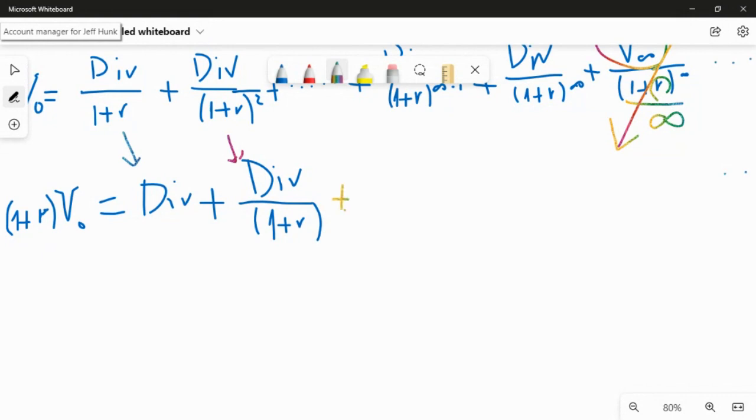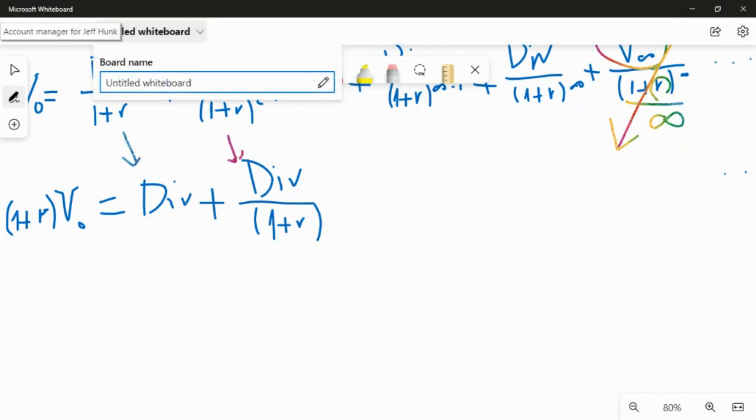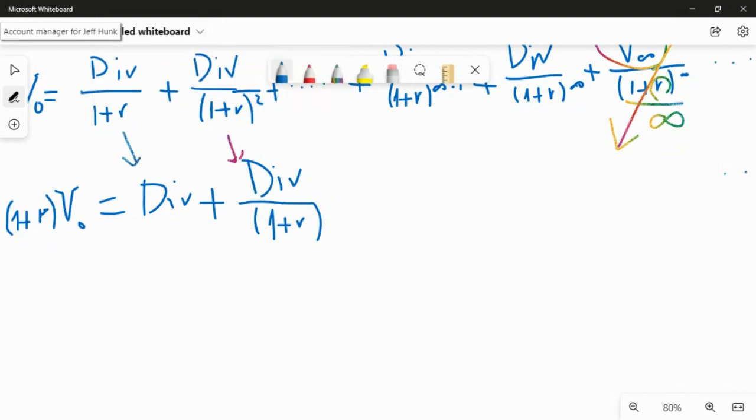And then the third term in equation 1 must have been dividend over 1 plus r raised to the third power, but that will become 1 plus r squared.